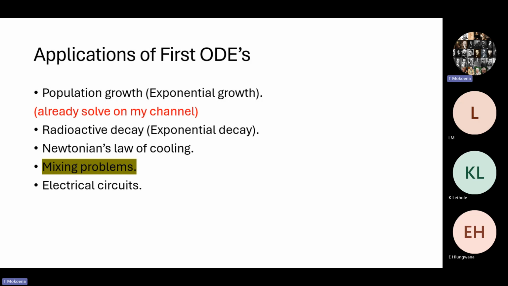So now, when we start with the applications of first order differential equations, these are the applications, by the way. The first application we're going to look at is population growth, or exponential growth. I've already done a video on this application, but I will do one question from a semester test.